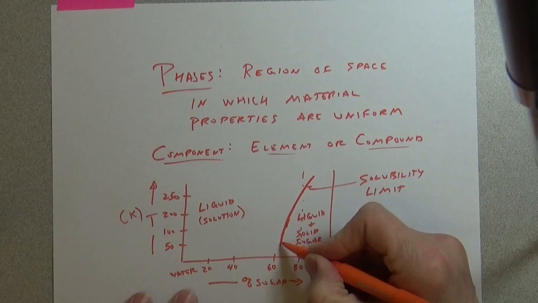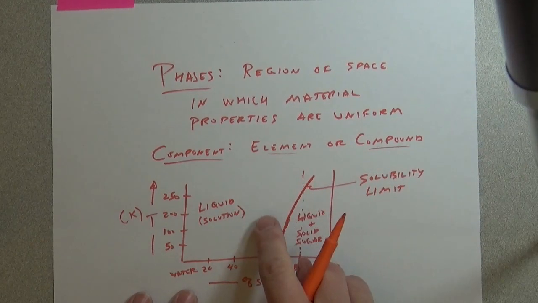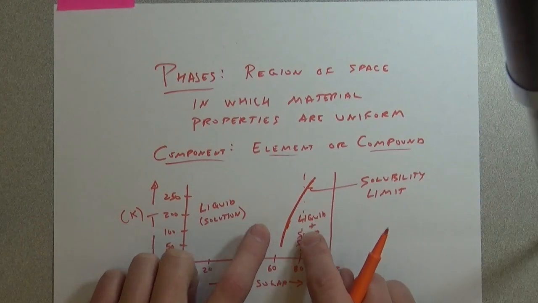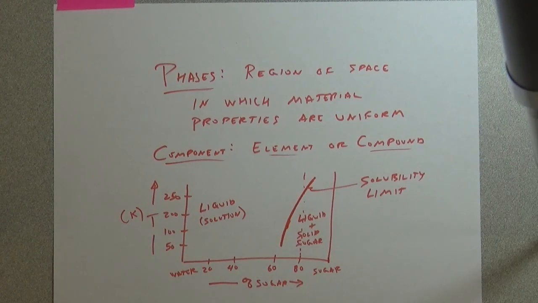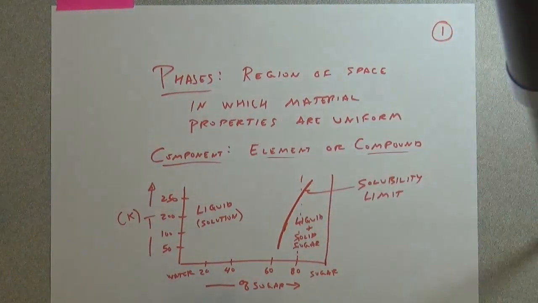Right? So this is a phase boundary here that separates these two regions of our phase diagram. So yeah, that example is a pretty good example of a phase diagram.